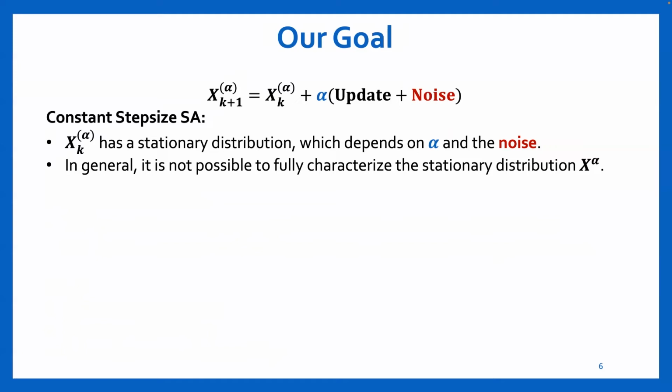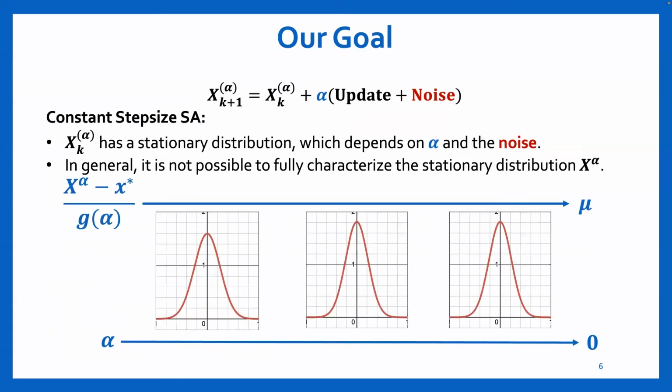This motivates us to study the asymptotic behavior. For every fixed step size, we have a stationary distribution. If we let the constant step size go to 0, then the distribution will converge to another distribution, which does not depend on the whole distribution of the noise. That's the point. To be more specific, we want to define a centered scaled version of this iterate x alpha.